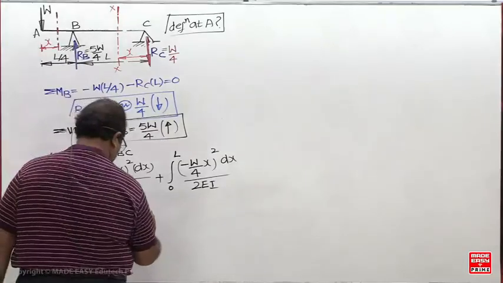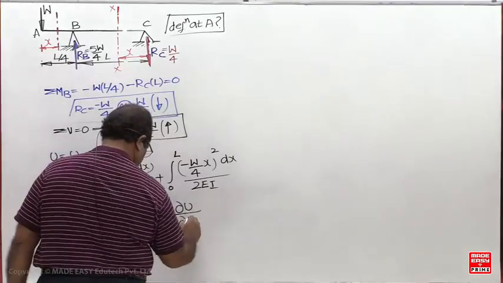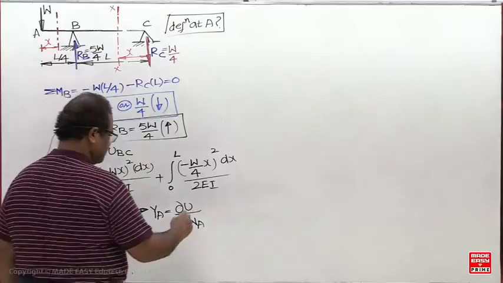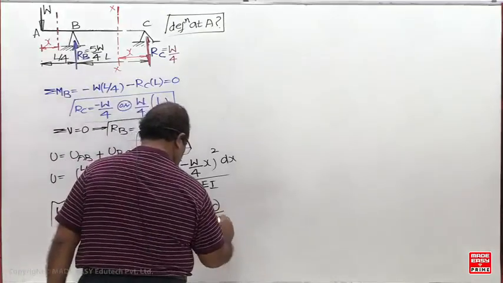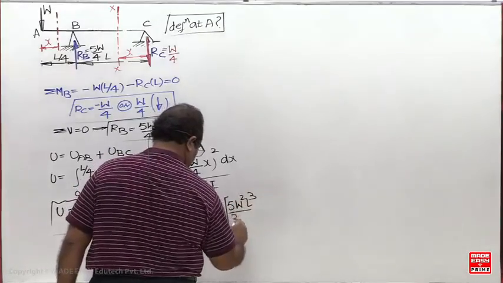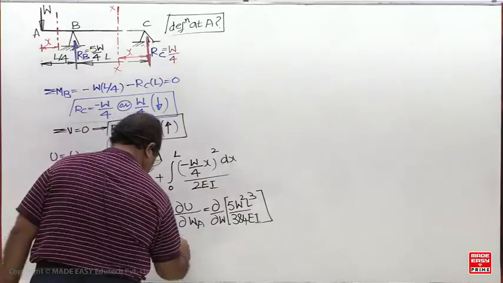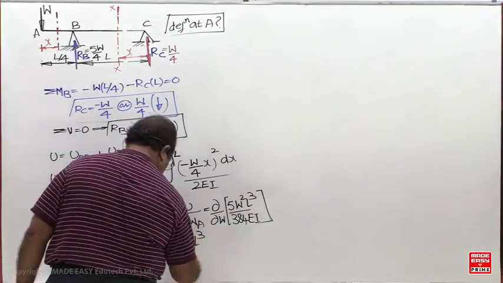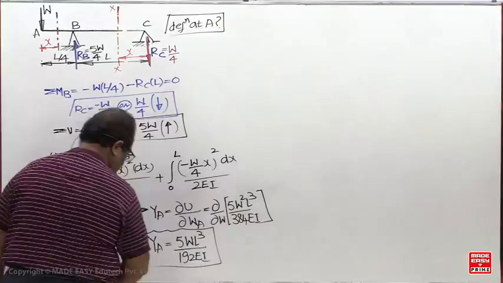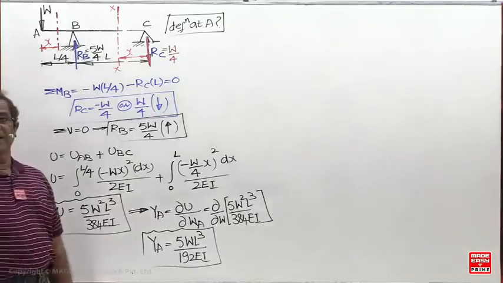Then deflection at A is 5 W L cube upon 192 EI.